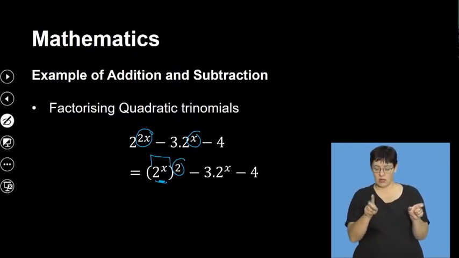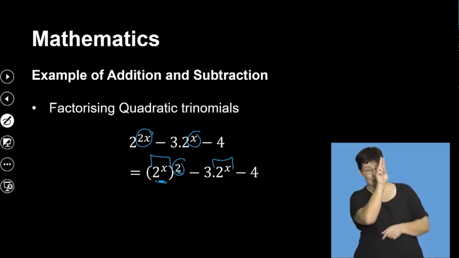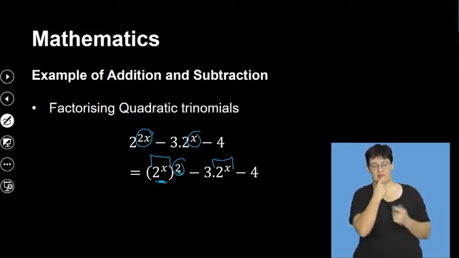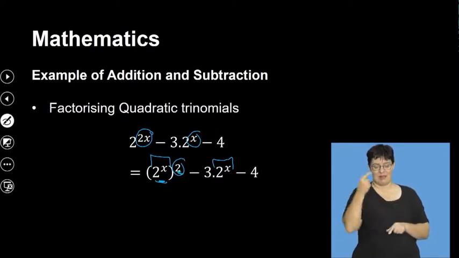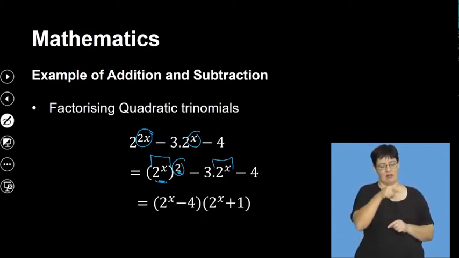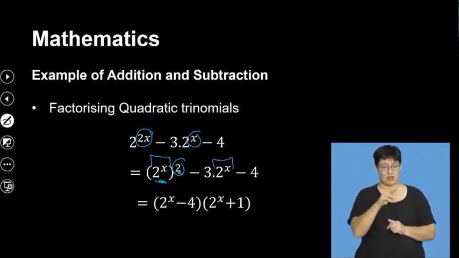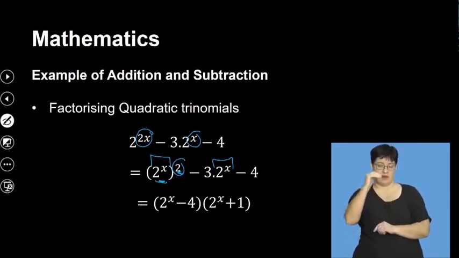So the exponent is the same as that one. But because of this 2 that is outside, it makes the main principle that I was saying, it being twice the exponent of the middle term. And then if you factorize this, it becomes the same as 2 to the exponent of x minus 4 into 2 to the exponent of x plus 1.